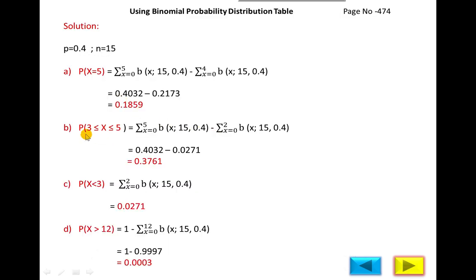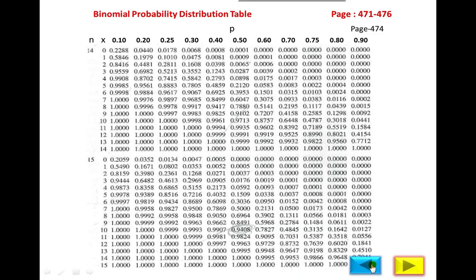Second part, between 3 to 5. If you subtract the value of 0 to 2 from 0 to 5, you will obtain 3, 4, 5. So 0 to 5 is this value, 0.4032, and 0 to 2 is this value, 0.0271.